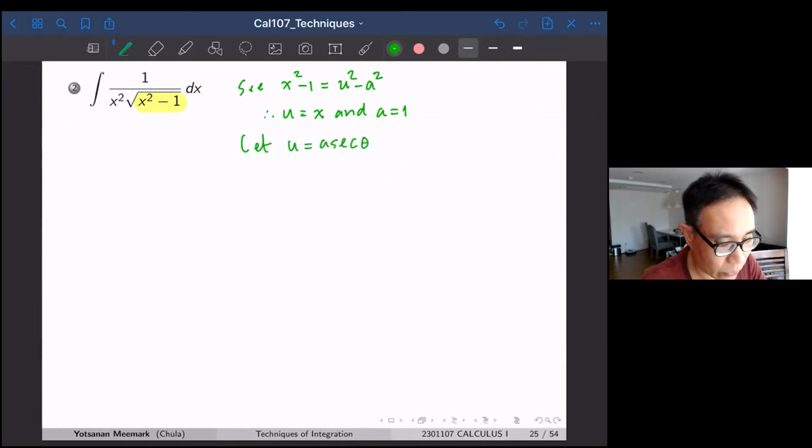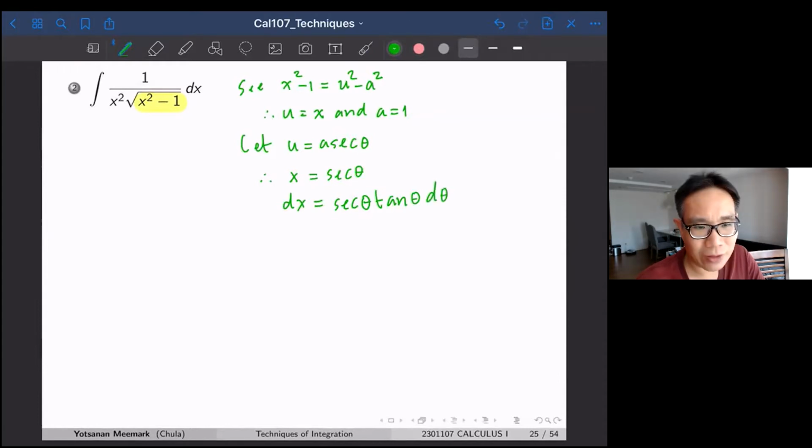In this case, x equals sec theta, and dx equals sec theta tan theta d theta. Be careful, it's not sec x tan x. Sometimes people just use the variable x and get the wrong solution.